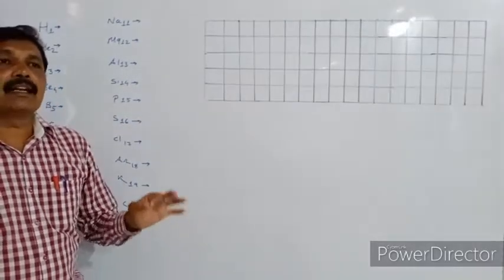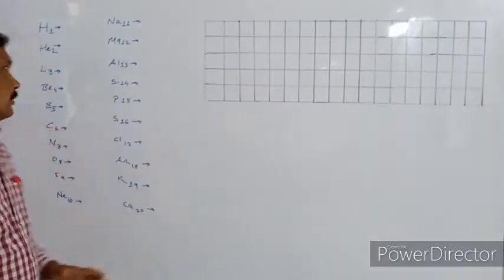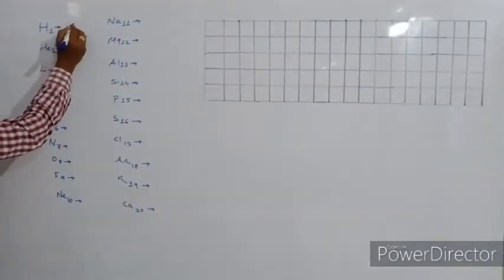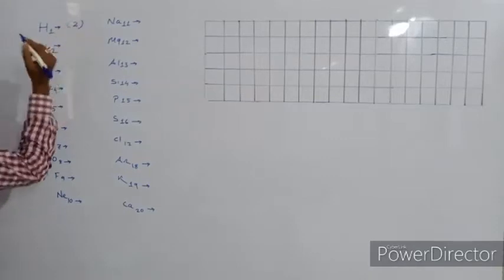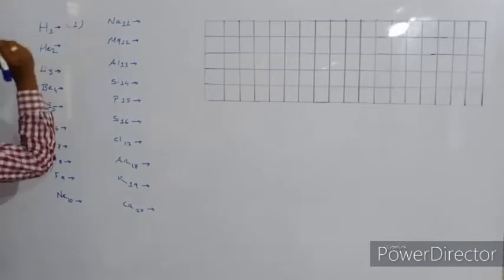Now we will see their electronic configuration by the formula 2n square. The first orbit will have one electron.